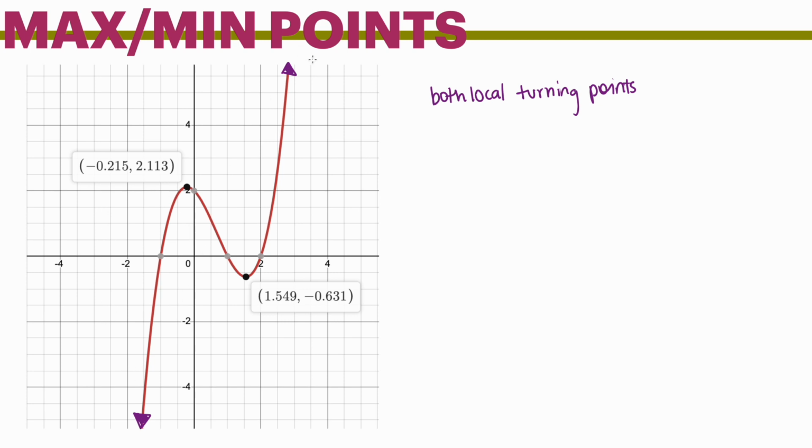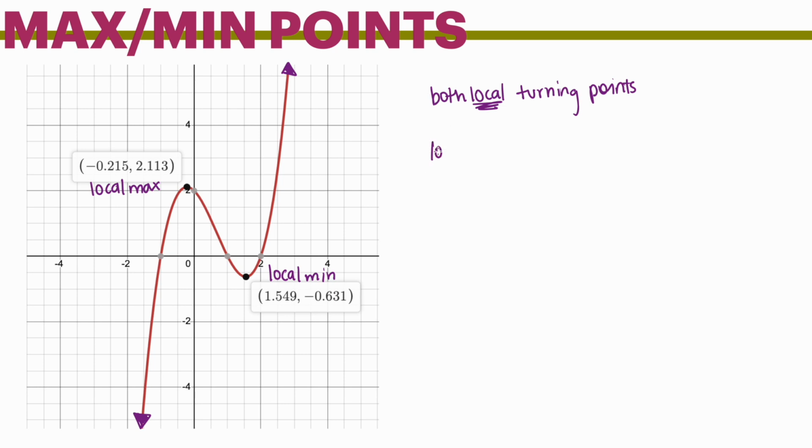So since they keep going on forever, these are now called local. This would be a local max because it's the highest point of this area. And this is what you would call a local minimum because it's the lowest point of just this area.